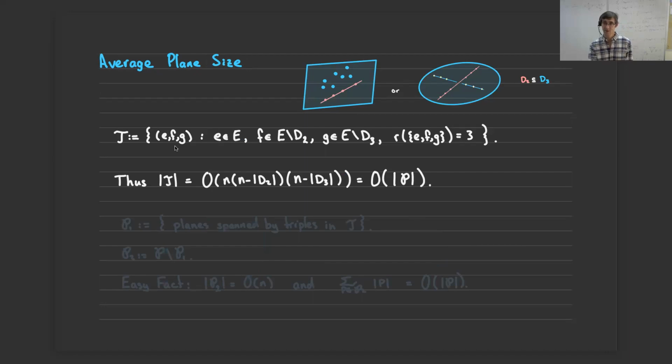In the case of lines, we did the same kind of thing, and we asked that E was not equal to F, so it spanned a line. Here we want 3 points to span a plane. The number of these triples is within a constant factor of the number of planes. So now what we need to do is relate this set to the sum of the plane sizes. If I can relate the sum of the plane sizes to this set in a nice way, then I'm done.